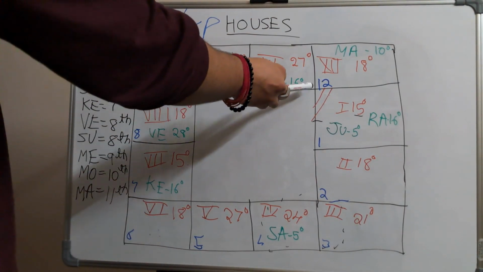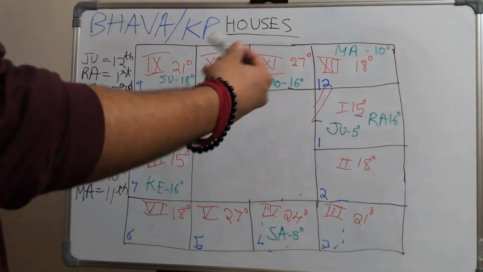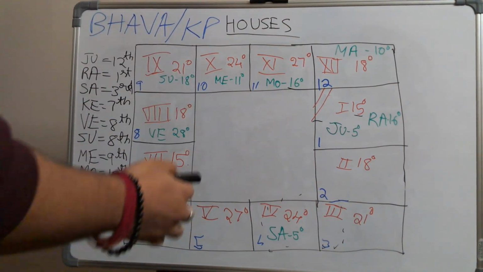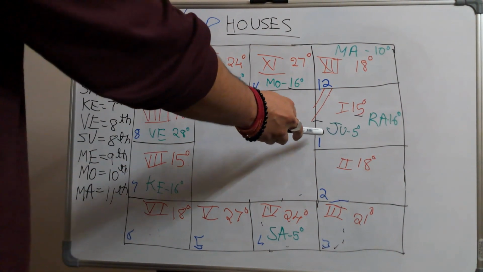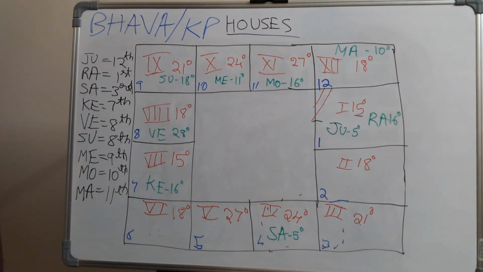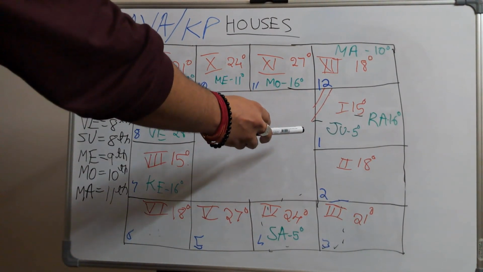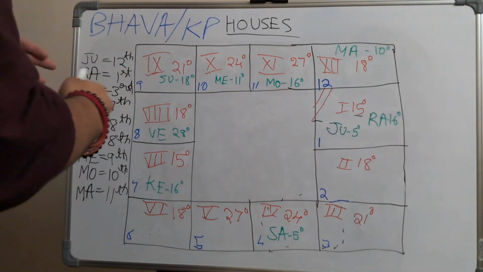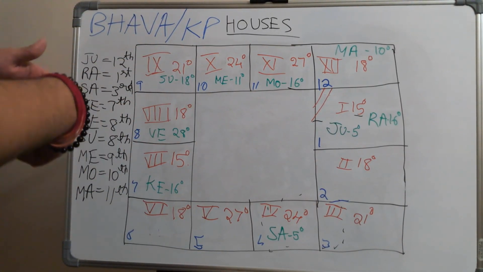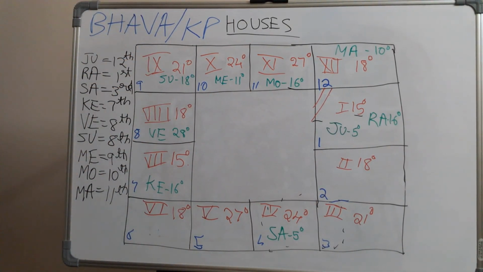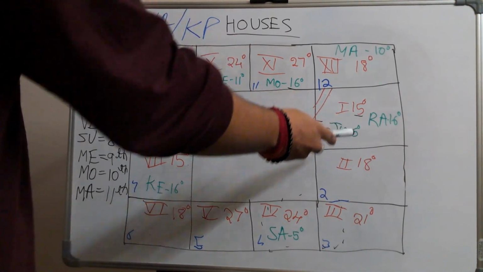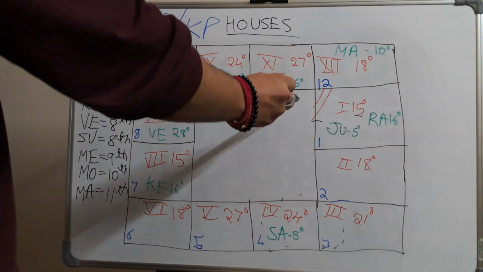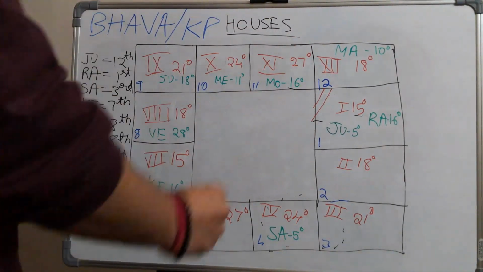Now, what we would assume if we didn't check the degrees of planets or the houses, meaning the BHAVA or KP chart, is that Jupiter and Rahu are in the first house. Whereas in reality, when we go into more detail, in this chart we see that Jupiter is not giving the result of the first house, because Jupiter is in the 12th house.